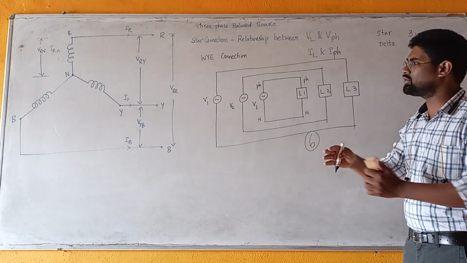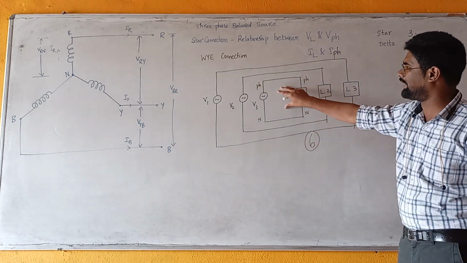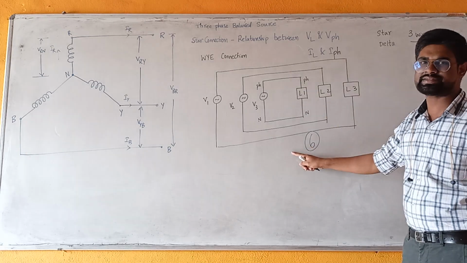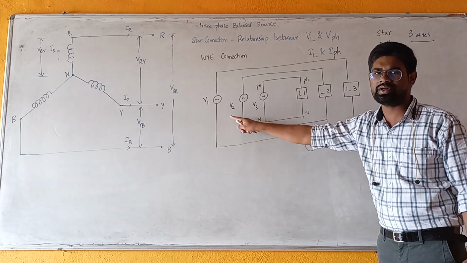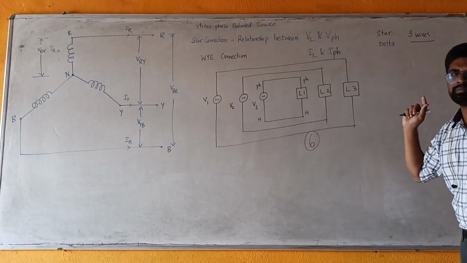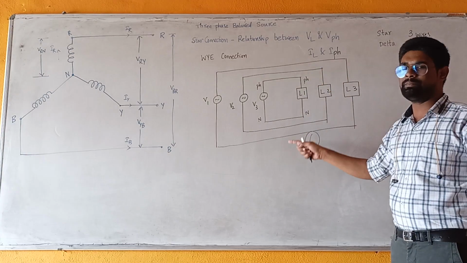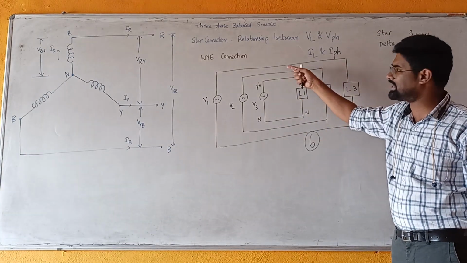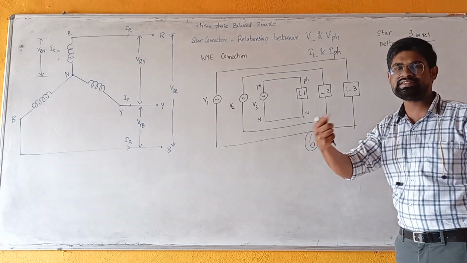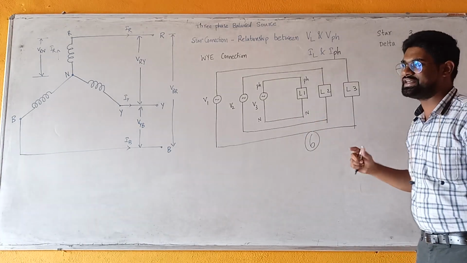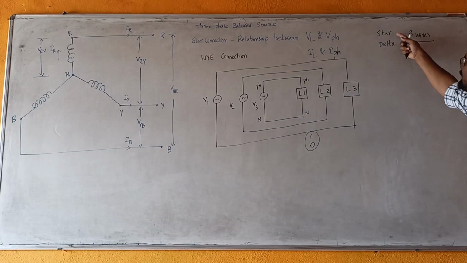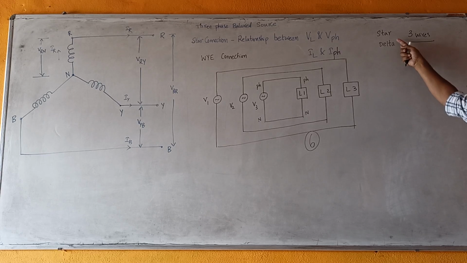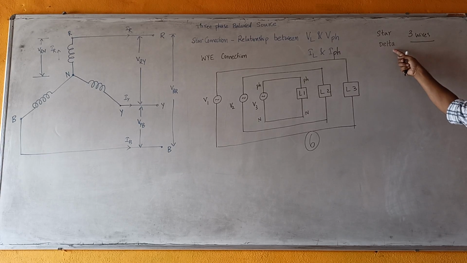In general, it requires 6 wires to connect a three-phase source to a three-phase load. As this increases the complexity, the amount of copper and the cost, we have designed two important types of system: the star system and the delta system.